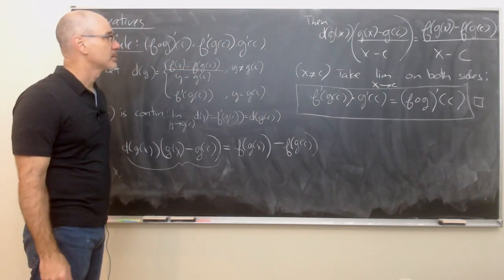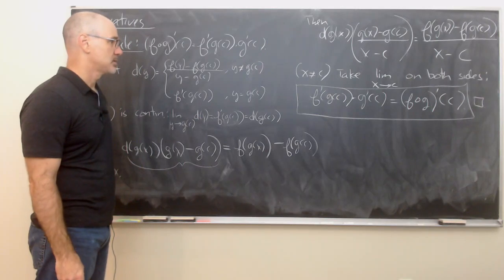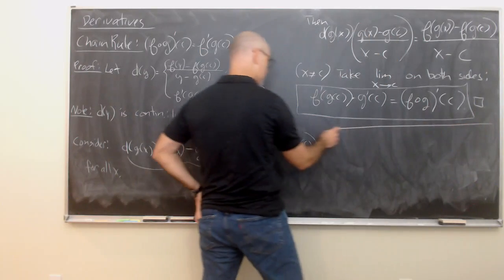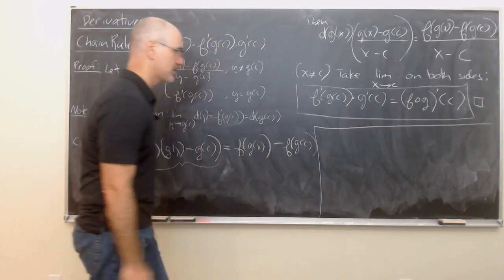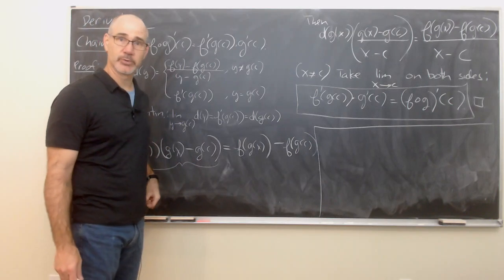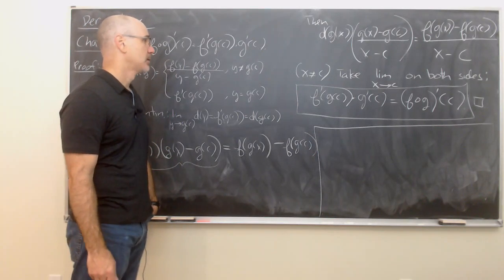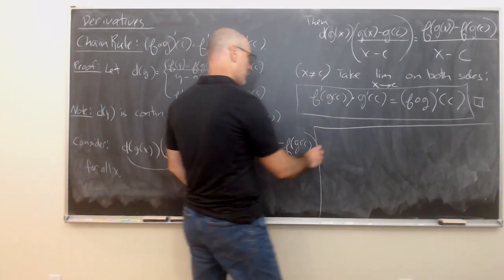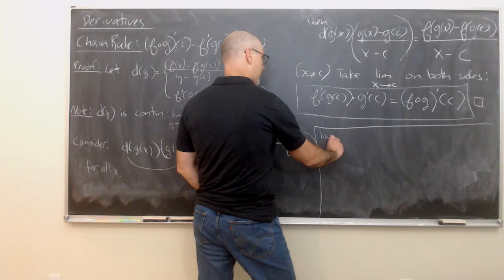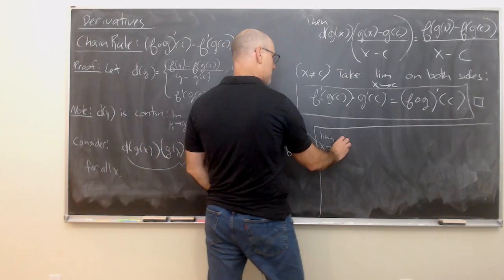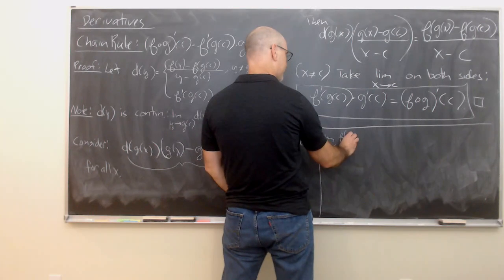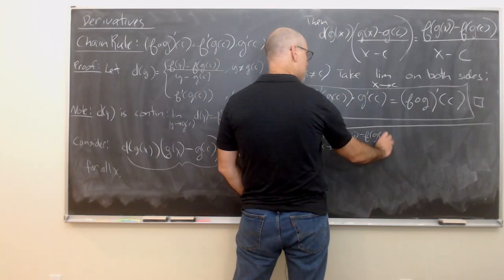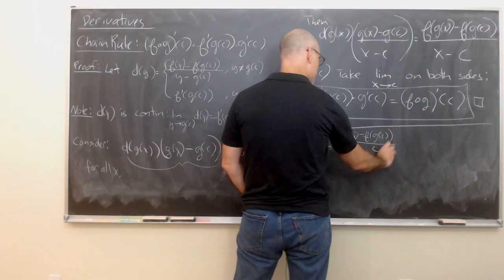All right, now, again, that proof is a sort of more subtle proof than the ones we have been used to for derivative rules, and it's why you may not have seen an actual proof of the chain rule in calculus. I know if you had calculus with me, for example, we would have done something like the following. So the limit as x goes to c of f of g of x minus f of g of c over x minus c.